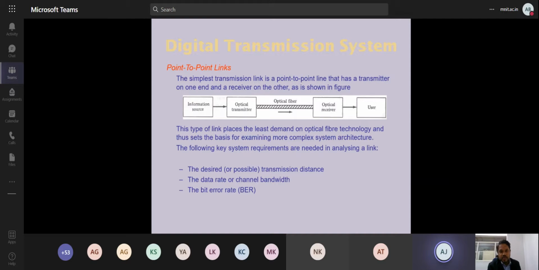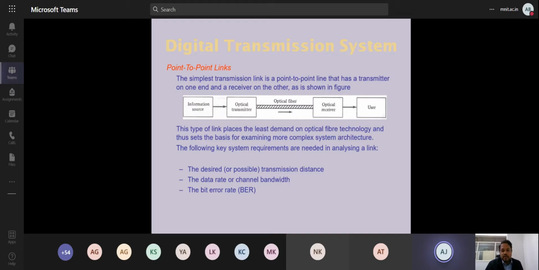So this is a point-to-point link wherein an information source is put onto the link. The information source is usually in the form of some data. It can be any of voice, video, or data, and that is modulated onto light, which is done by a Mach Zehnder modulator, which you have already gone through in your labs.